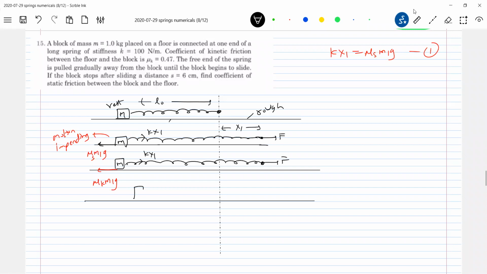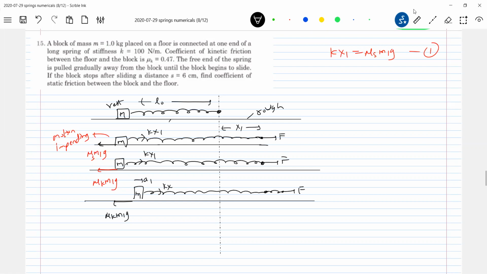So here kx, you write it, and here mu k m1 g, and it is accelerating. Because of this, it will acquire velocity. So tell me what will happen to the block now? The block will accelerate, and as it accelerates, the velocity will increase.